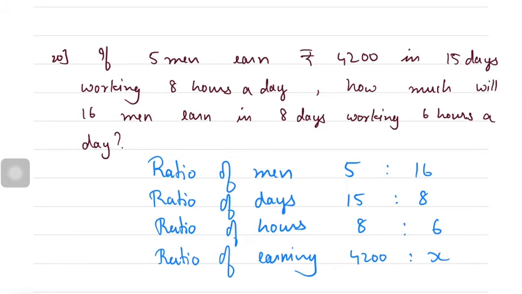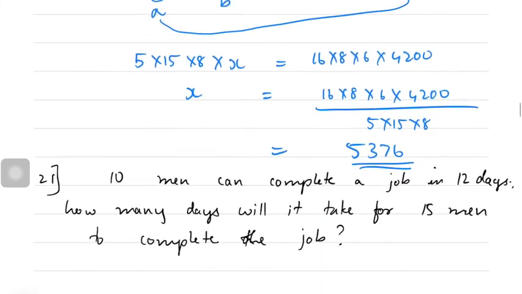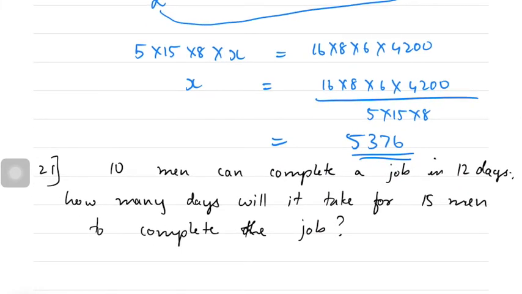So if 16 men work 6 hours a day for 8 days, then they earn rupees 5,376.